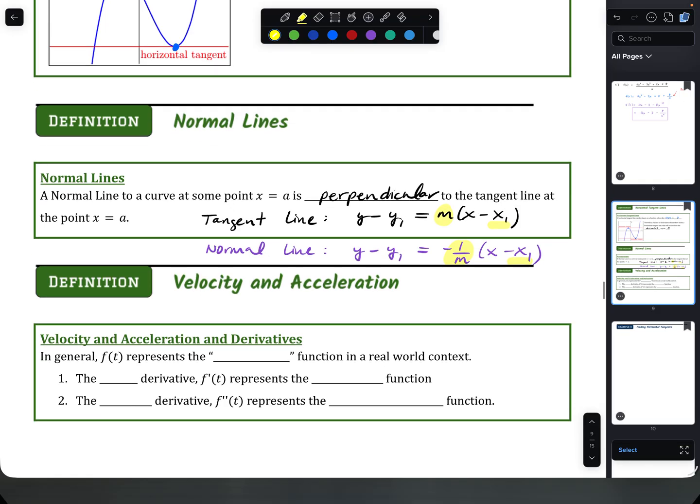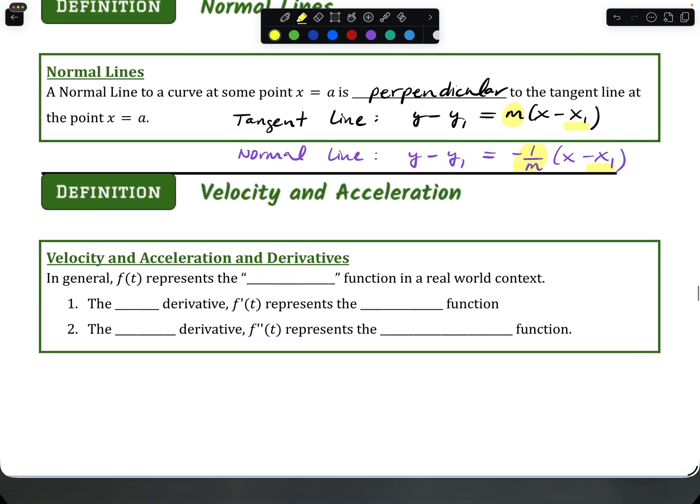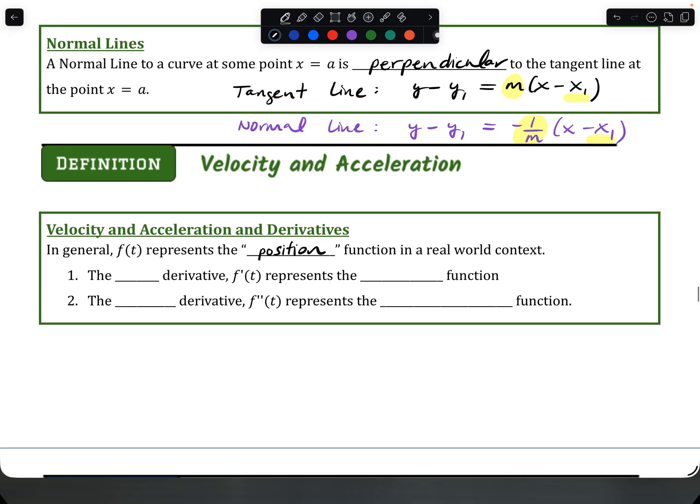Now in this class, we're going to be dealing a lot with applications of derivatives, and one of those is a physics application, which is velocity and acceleration. So if you have just an f of x function or f of t, this represents the position function. Once you start taking derivatives, then they represent different things. So the first derivative, f prime of t, represents the velocity function.